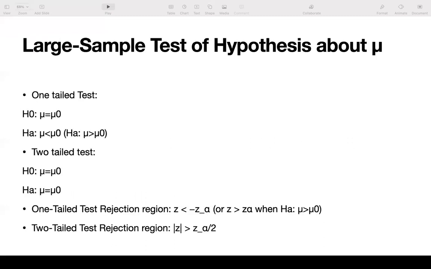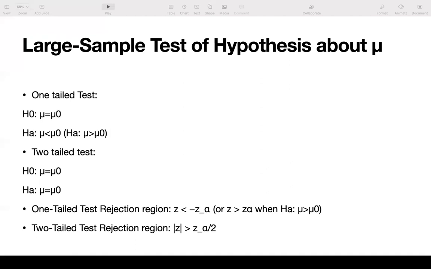Next we'll talk about large sample tests of hypothesis about mu. Firstly, for the one-tailed test, we can write the null as mu equals mu0, where mu0 is a definite value. We can write the alternative as mu is smaller than mu0, or alternatively, mu is bigger than mu0.